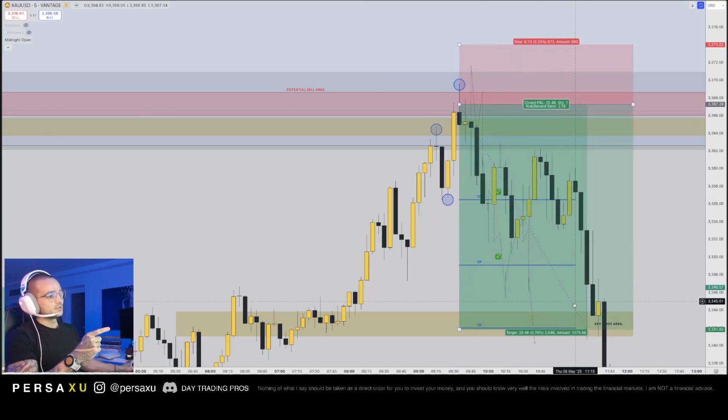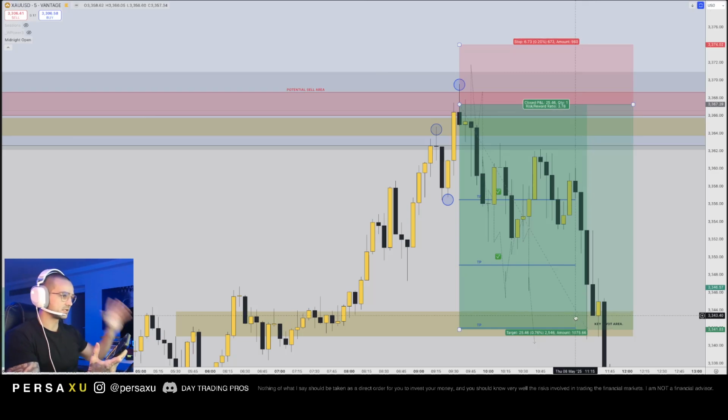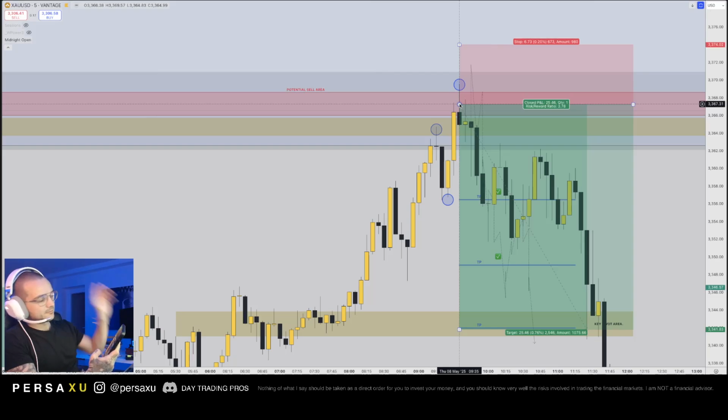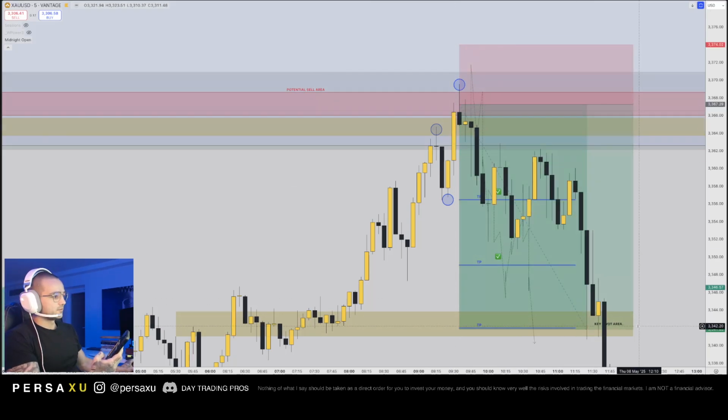3,367 to 3,343. Let's do the example so you also understand the dimension of it and have these examples. 3,367.50 minus 3,342 flat.